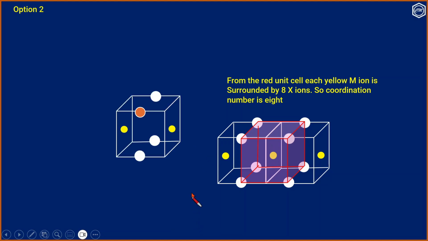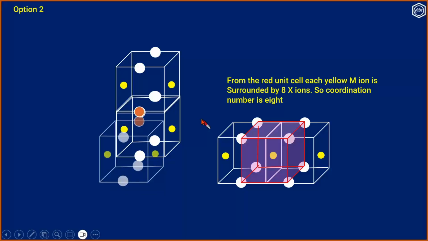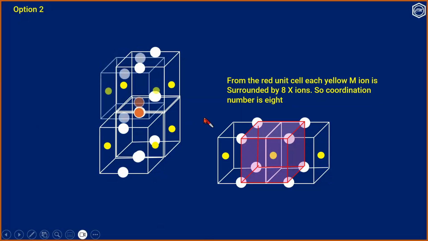Now I have marked one X atom, that is marked red. Now this is shared by 4 unit cells. Another from above, then bottom, so this one. So this marked X ion is shared by 4 unit cells. Now imagine another unit cell created in this way, that is this green unit cell.